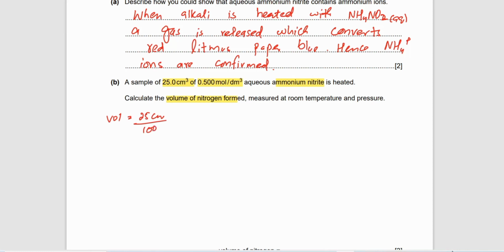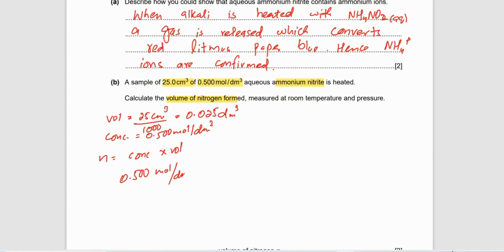Divide by 1000, it will become 0.025 dm cube, and concentration is 0.500 mole per dm cube. We know that number of moles is equal to concentration multiplied by volume. So 0.500 mole per dm cube multiplied by 0.025 dm cube, with per dm cube cancelled.